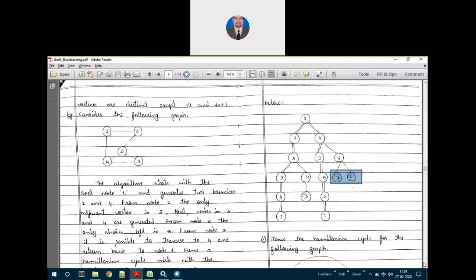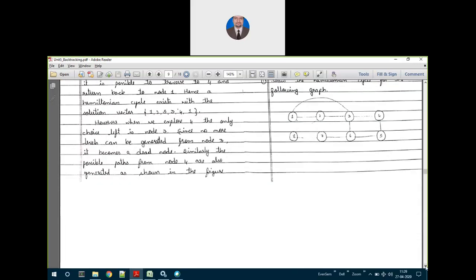Okay, so let us see another example here. The other example is here: 1, 2, 3, 4, 5, 6, 7, 8, and you may see here from 8 to 2 it is connected. Also from 1 to 3 is connected. Now here we need to find the set of solutions which give us the Hamiltonian cycles.